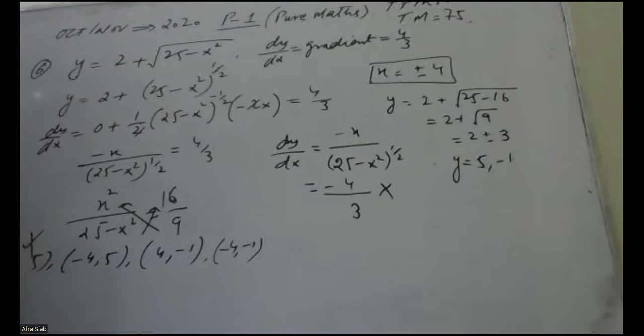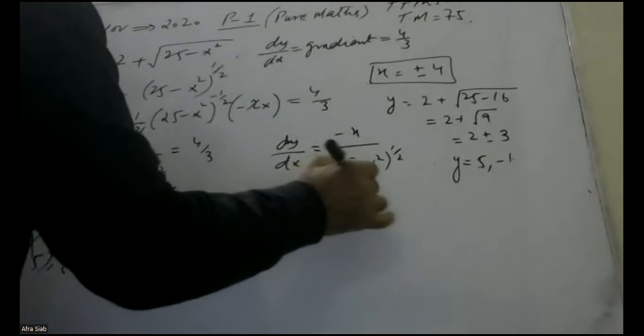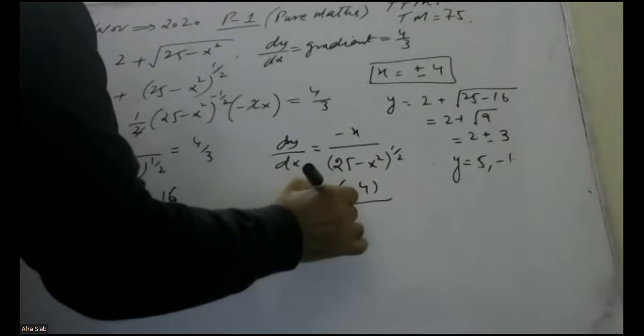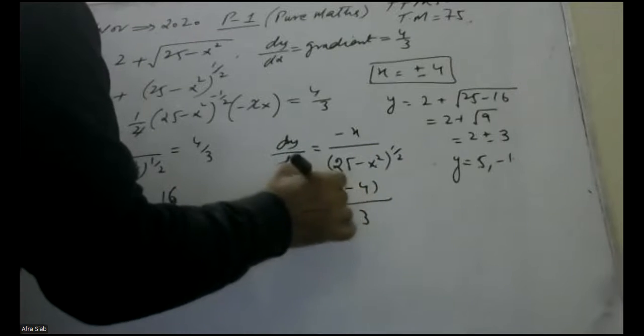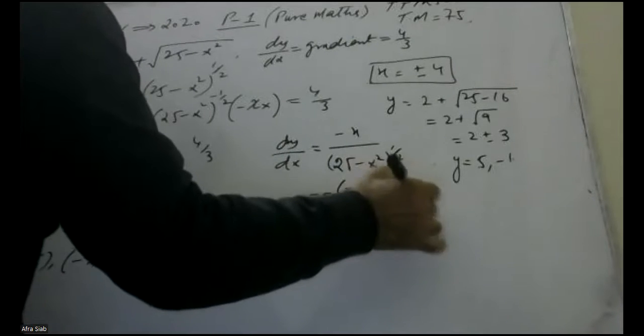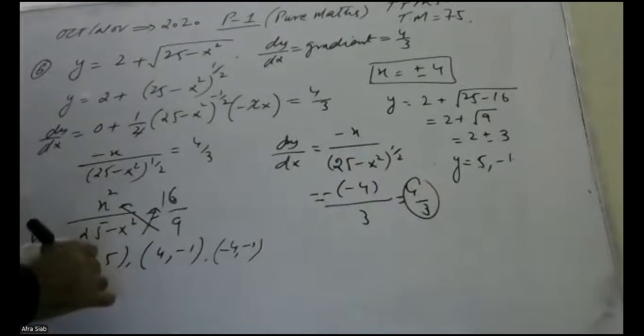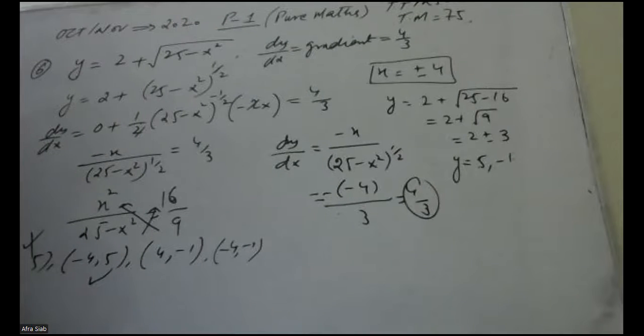So this value is rejected. So the gradient is not this point. Then we again use the other point, which is minus 4, and so minus into minus 4 divided by 25 minus 16, 9 square root is 3. So that is equal to 4 over 3. So this is the right answer for this.